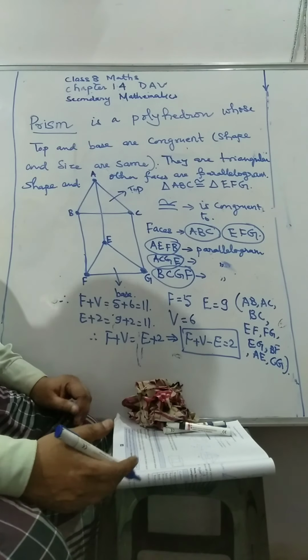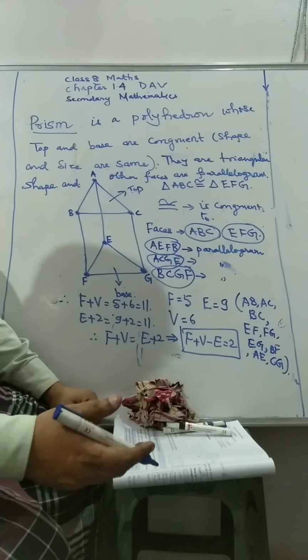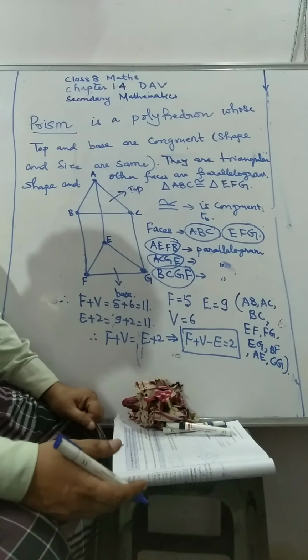There are 7 colors. That is called the scattering of light, that is called the dispersion of light.